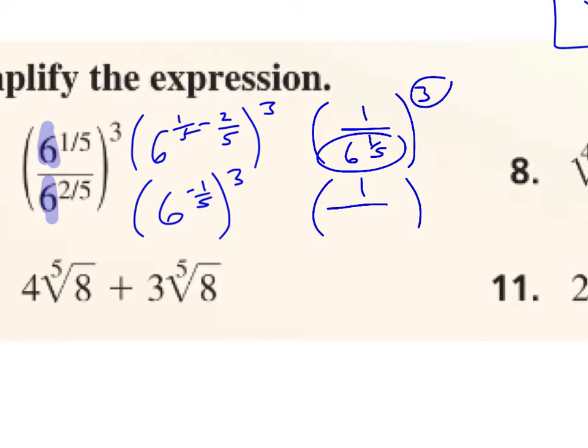So what's 1/5 times 3? 3/5. So our answer is 1 over 6 to the 3/5 power. Any questions on this one?